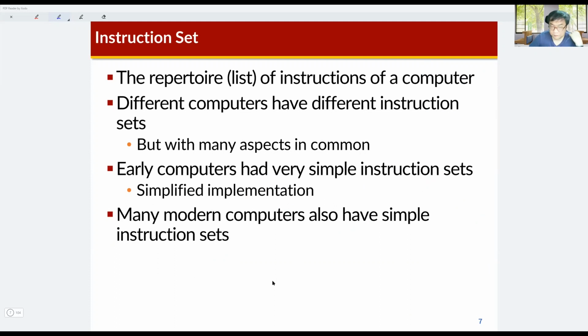So what is the instruction set? It's the set of instructions. That means the group of instructions, a repertoire of instructions.